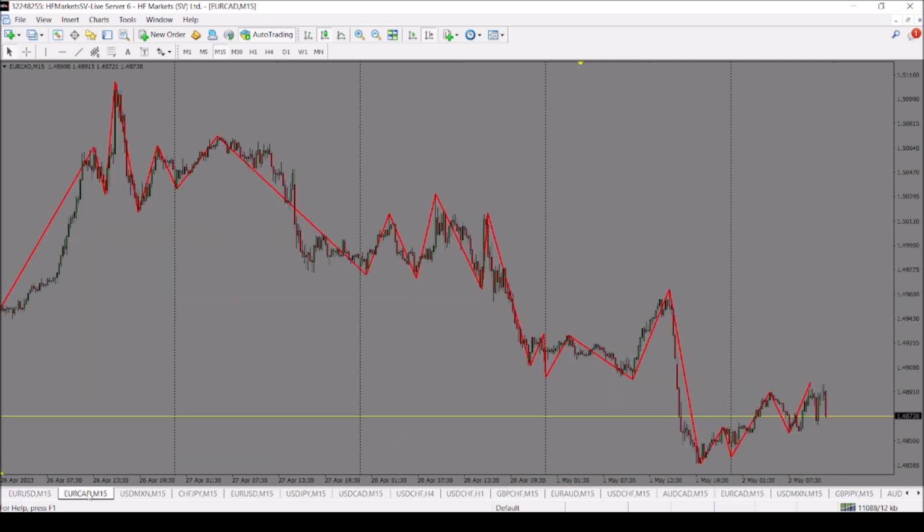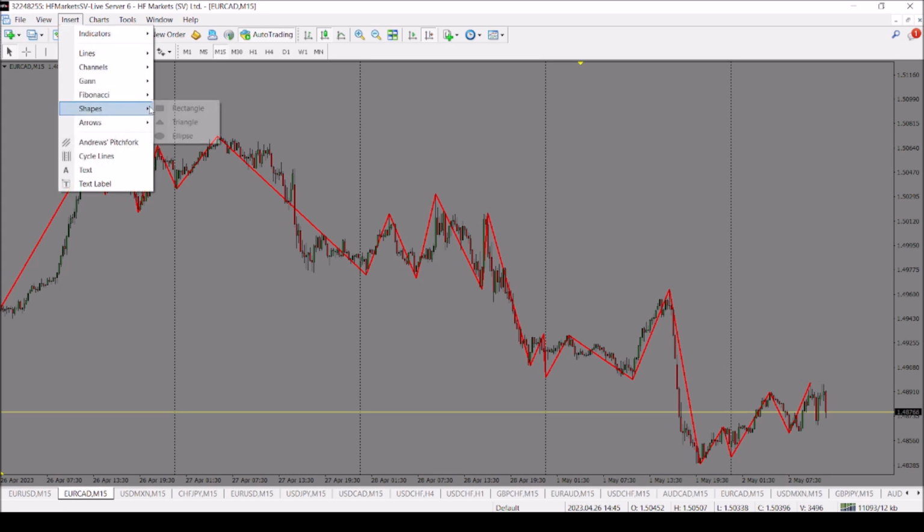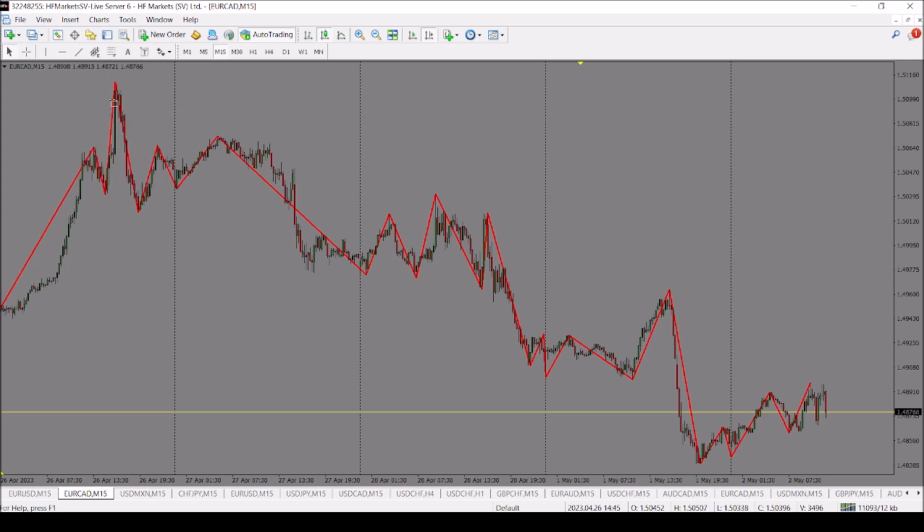Another example is on EuroCAD, and on EuroCAD what we have seen is we have some consolidation, and these consolidations are out of our scope. You can even black them out so that you won't get confused where the zigzag wasn't giving an impulse.